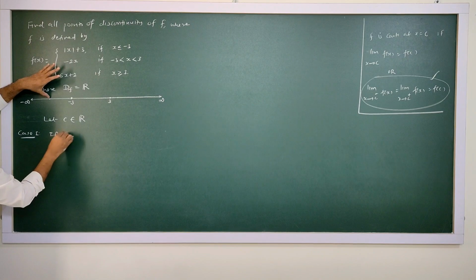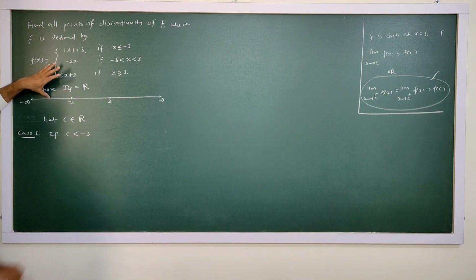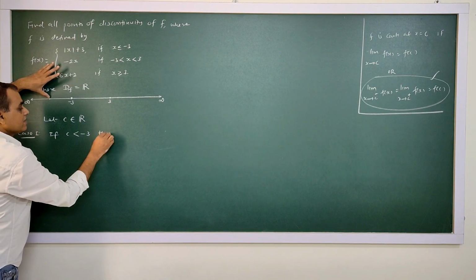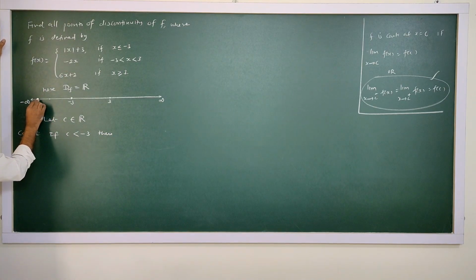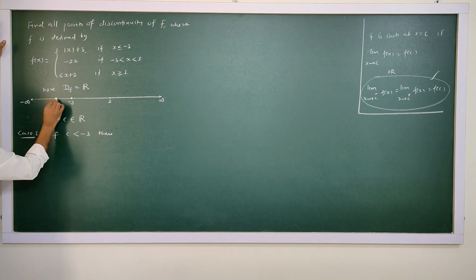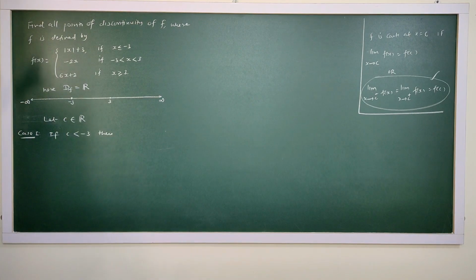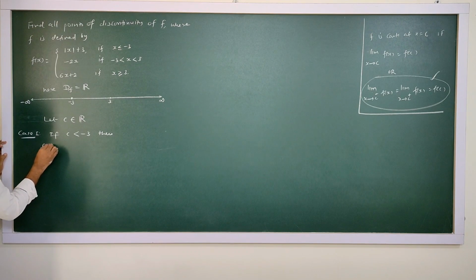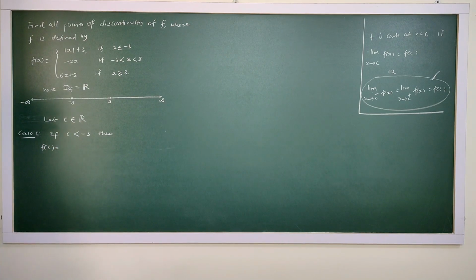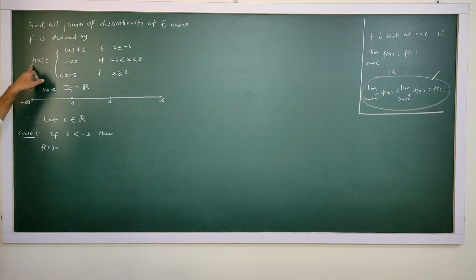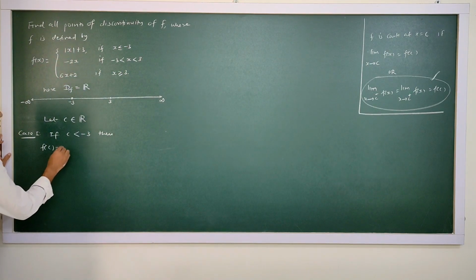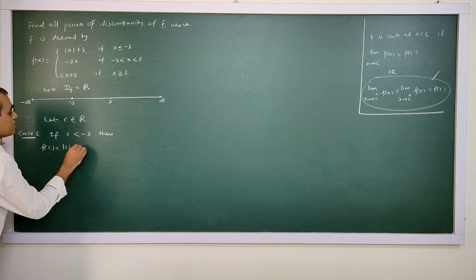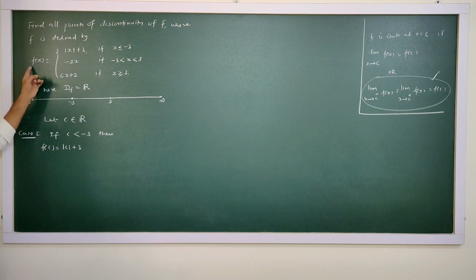If c is less than minus 3, then c can be any number belonging to this interval. Then f(c), for x less than minus 3, f(x) is modulus x plus 3. So it is modulus c plus 3.